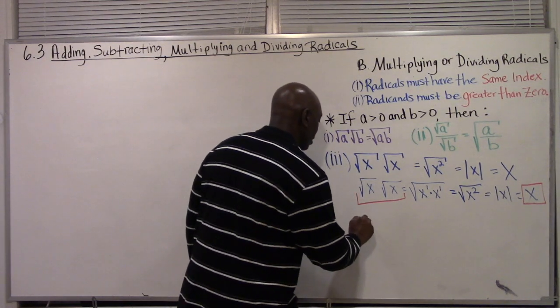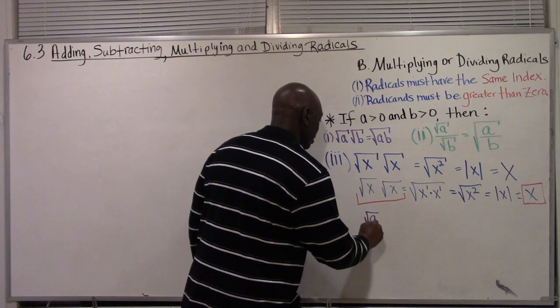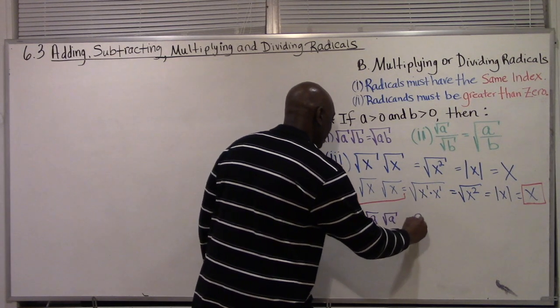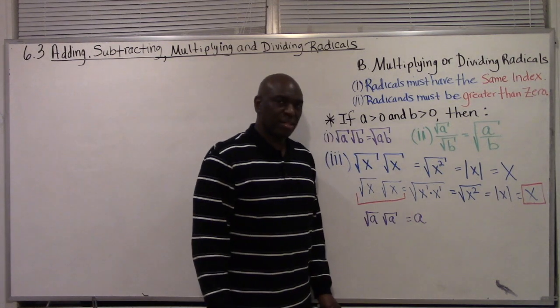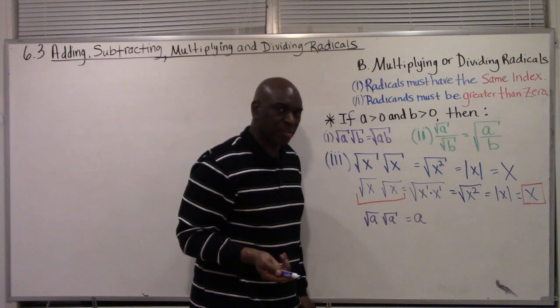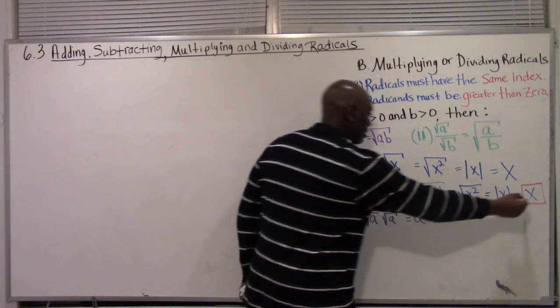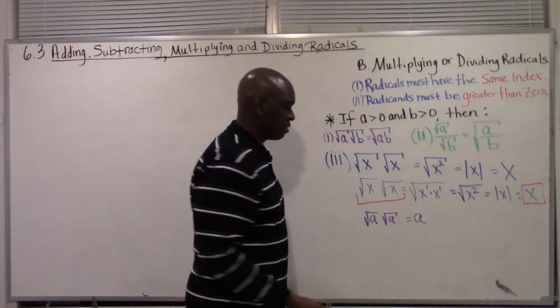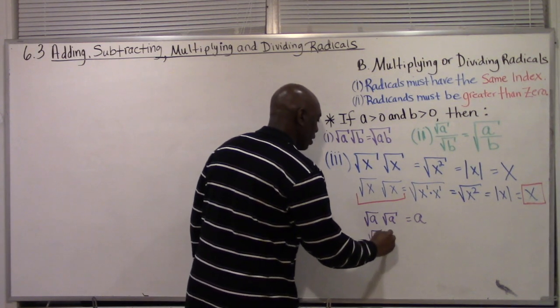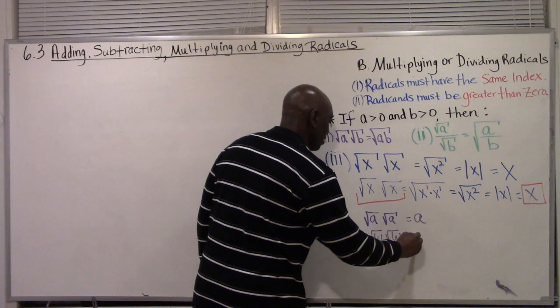The square root of a times the square root of a is simply a, with all of this stuff in between. I'm just not writing it. I'm going from here straight to the answer. The square root of w times the square root of w is w.